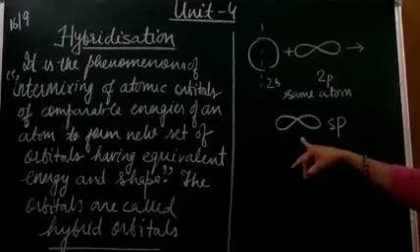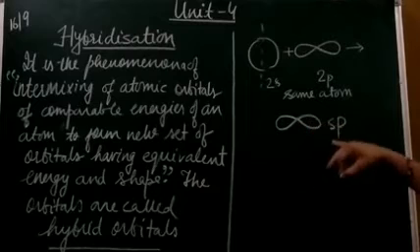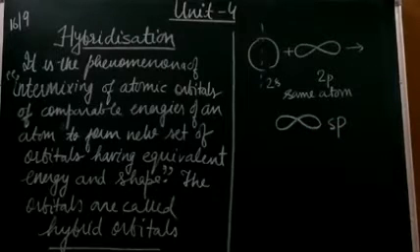It will no longer be known as an s orbital or a p orbital, but as an sp hybrid orbital. So we will get two sp hybrid orbitals.